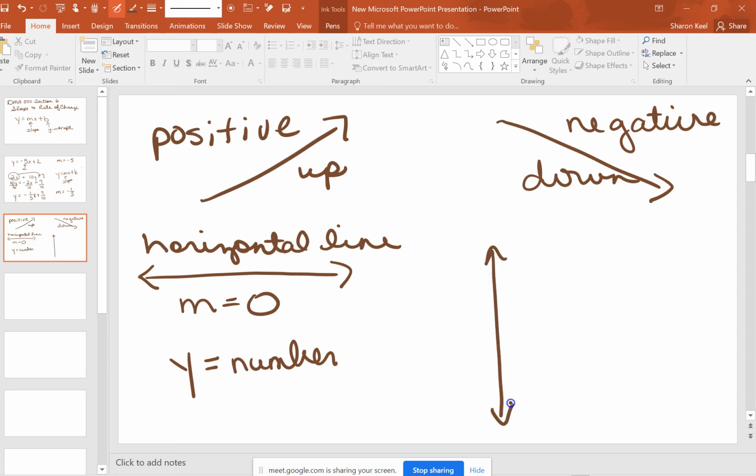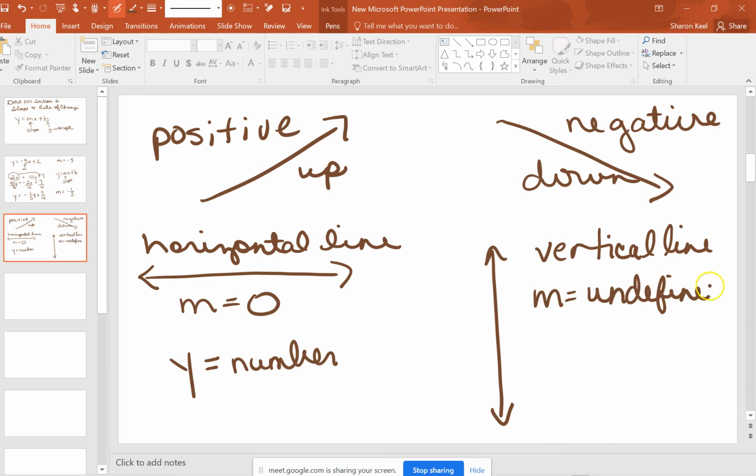However, if you have a vertical line, it has a slope, and we use the word undefined for this slope. The reason it's undefined is because the denominator would be a 0, and we can never have 0 in a denominator, so that would make it undefined. The equation for a vertical line is always x equals a number.